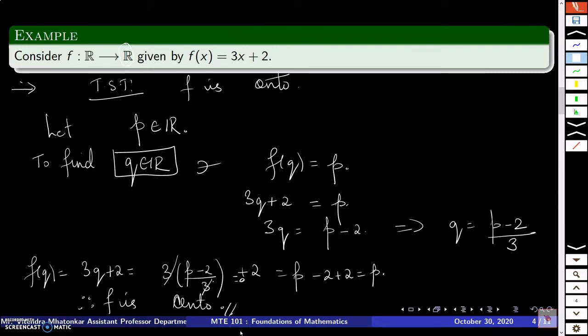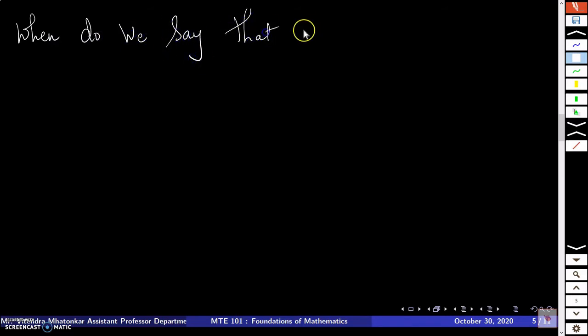Now, the next question that arises is, when do I say that a function is not onto? So when do we say that a function f from X to Y is not onto?